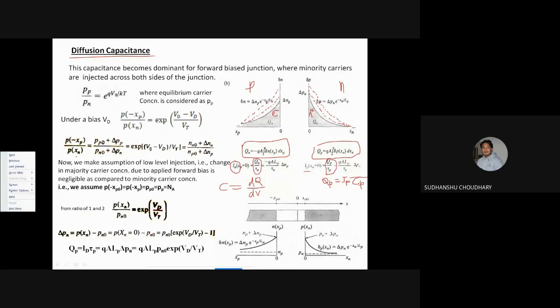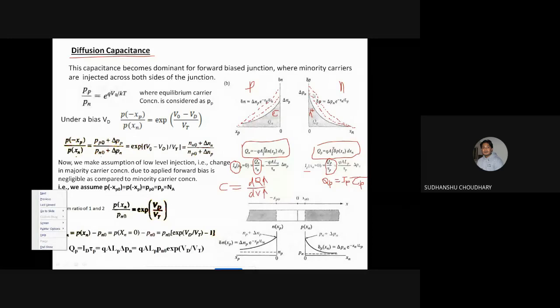So here also we are seeing that when we are increasing the forward bias across this junction, the minority carrier charges are also increasing. So this actually leads to a capacitance.